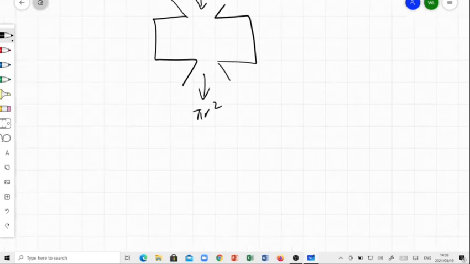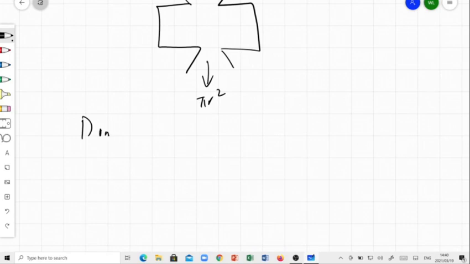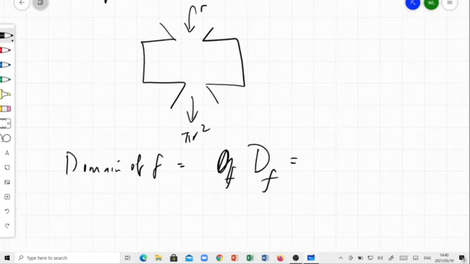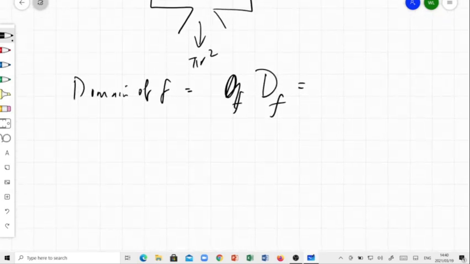Okay? And then the domain of your function f is actually the set of all the possible inputs, which we shall write as D_f. This will be the set of all the possible input values. So because we're dealing with radiuses, this can only include positive numbers and the number 0.